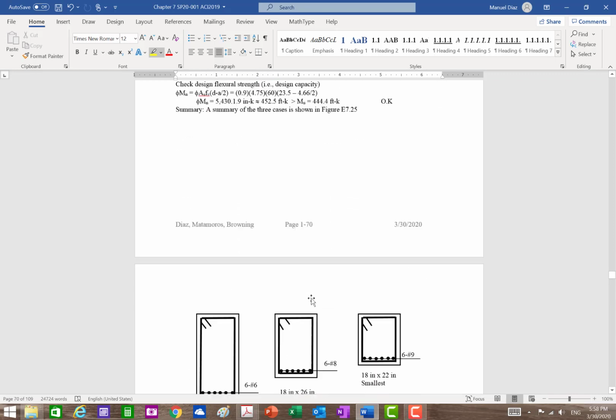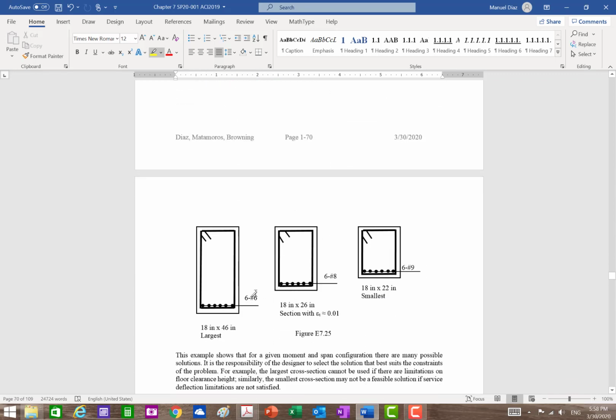So the 3 cases are now shown here. There is the largest section with 6 number 6s, the smallest section with 6 number 9s, and the intermediate section there with 6 number 8s. Between this one and this one, there are lots of cross sections, lots of solutions.